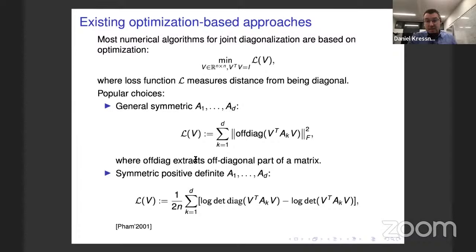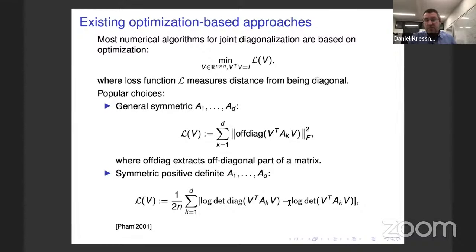In the case that A1 to AD are symmetric positive definite, you can think of them as covariance matrices of multivariate Gaussian distributions, and then you can use things which compare distributions like the KL divergence. This was observed by Pham in 2001, a seminal paper in the area, to consider this metric, which looks at the determinant of the transformed matrix and the product of the diagonal entries.